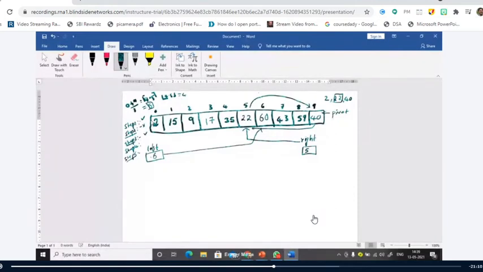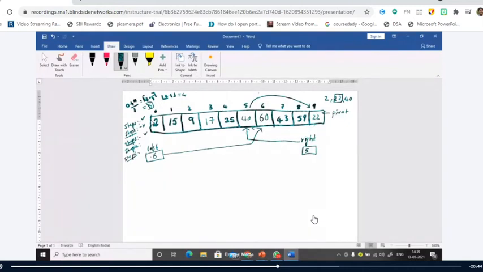So this becomes 40 and this becomes 22. Right. So if this is the situation, as I told, the pivot element divides the given list of elements into 2 parts, and all the elements towards its left hand side are less than the pivot and all the elements towards its right hand side are greater than the pivot.